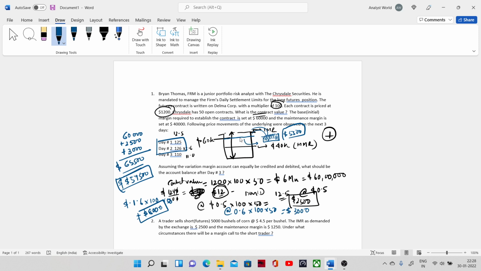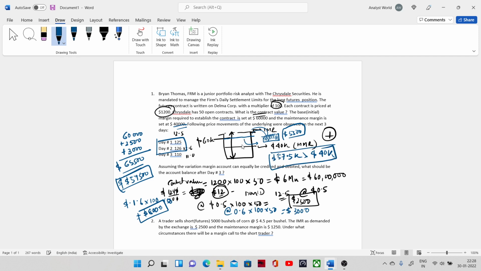Now with this 57,500, we have to also see where our maintenance margin level is. Well, this is at 40,000. So 57,500 is obviously more than 40,000, which means that the safety level or the maintenance margin level is not yet touched.